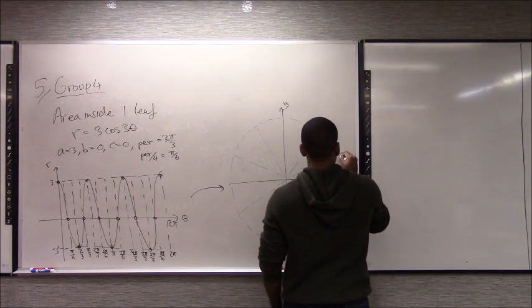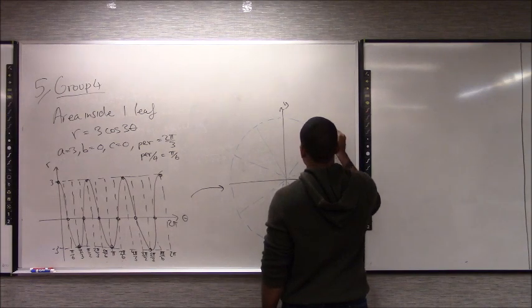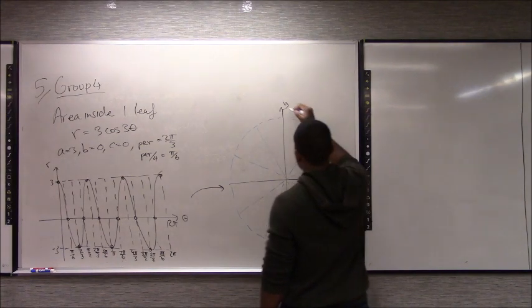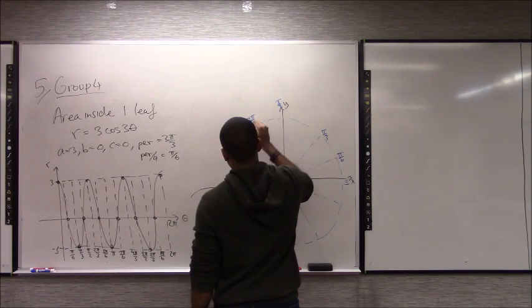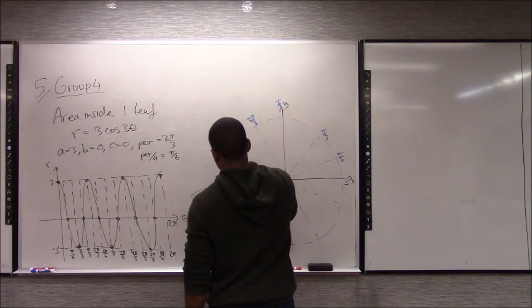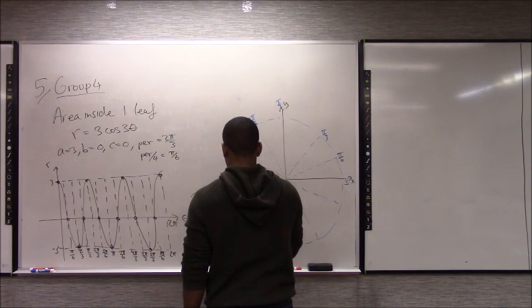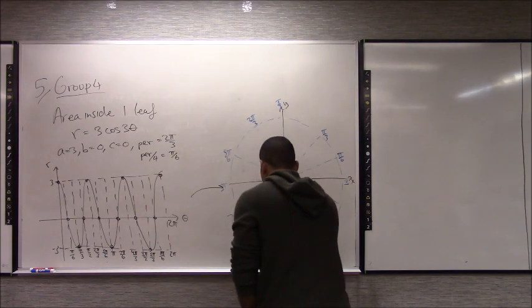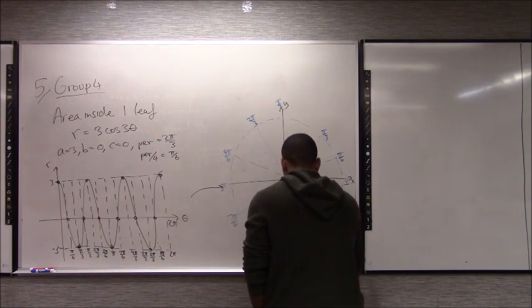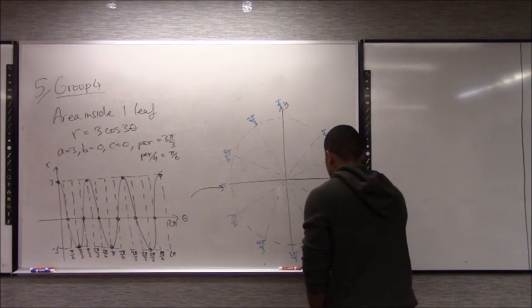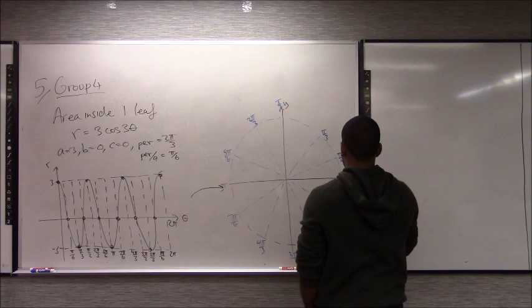So this is pi over 6, 2 pi over 6, 3 pi over 6, 4 pi over 6, 5 pi over 6, 6 pi over 6, 7 pi over 6, 8 pi over 6, 9 pi over 6, 10 pi over 6, 11 pi over 6, and 0, which is equivalent to 12 pi over 6.